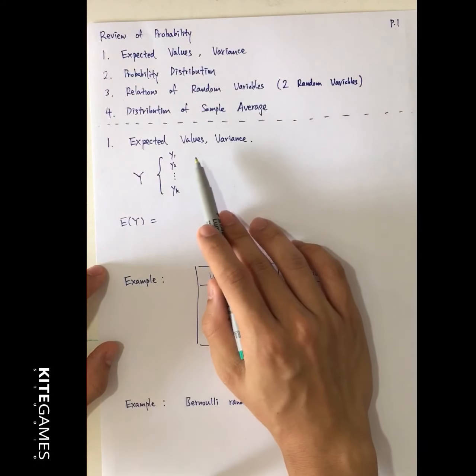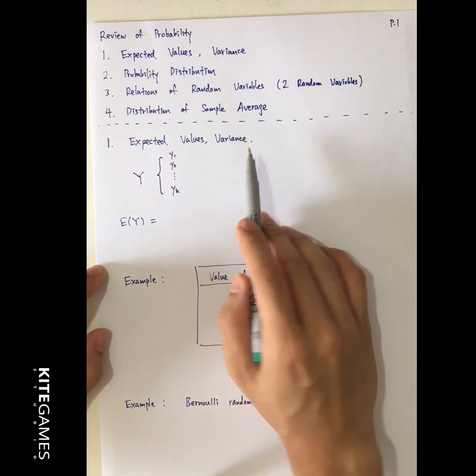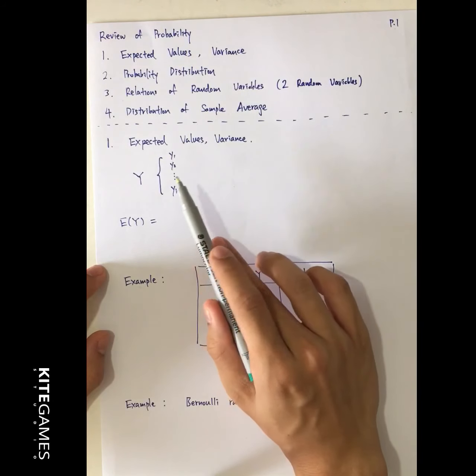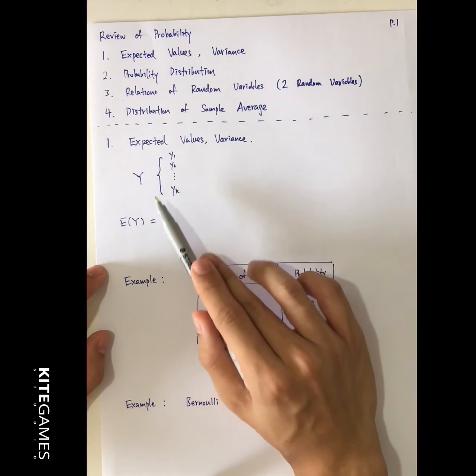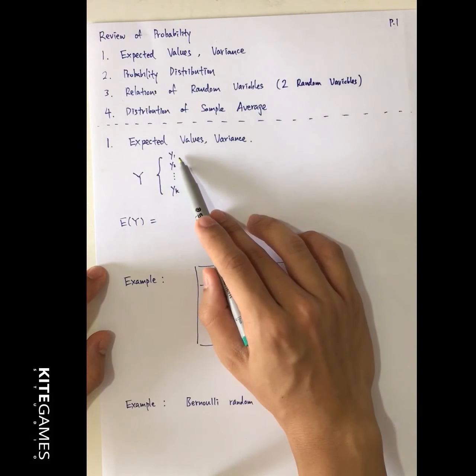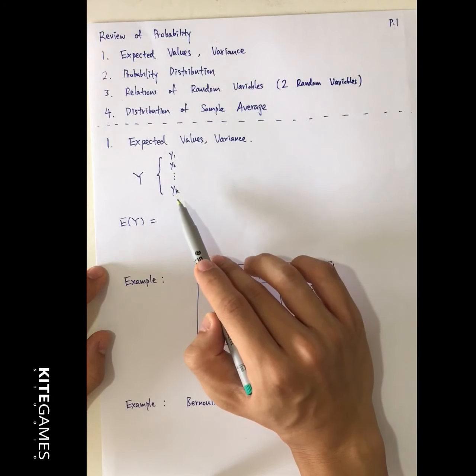So the first concept is called the expected value and the variance. What is the meaning of expected value? For the expected value of y, you first need to find out what the values of y are, so maybe you have y1, y2, up to yk.